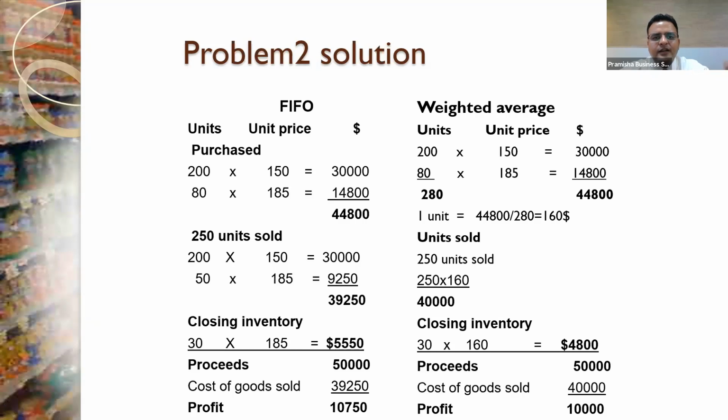That creates a difference between the two methods. We use only one of them consistently, we don't use both, so the profitability will be different temporarily. Hope this is clear.